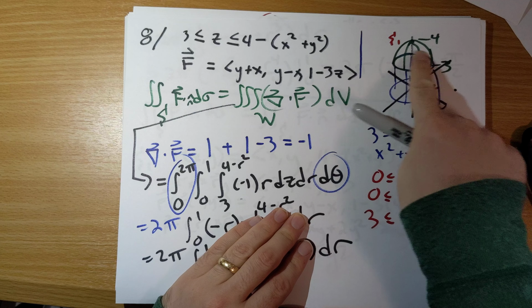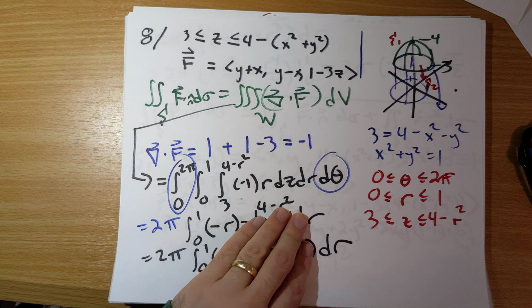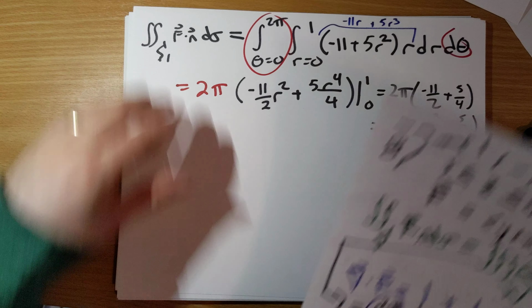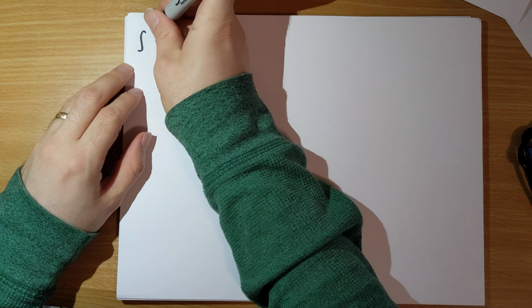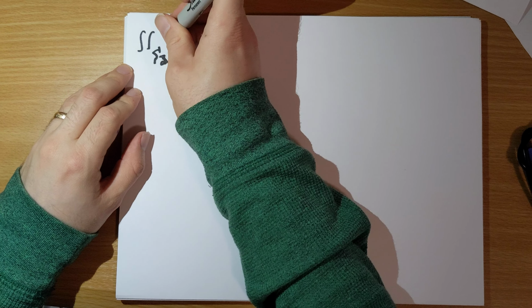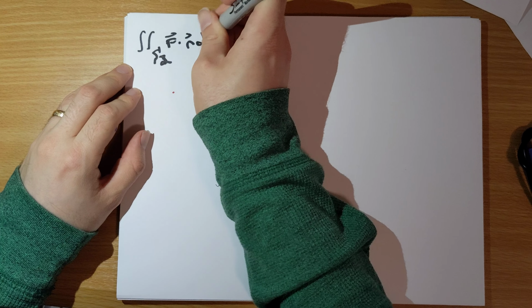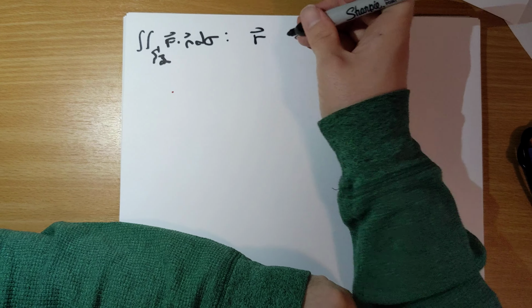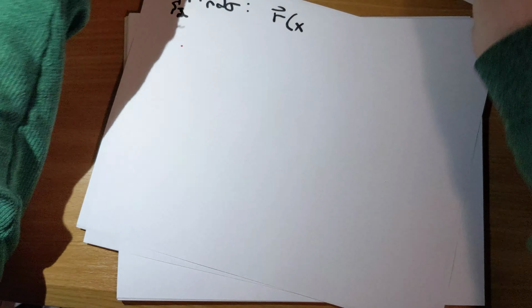So how do we parameterize this, this right here? Well, double integral for S2 of f dot n d sigma. So our parameterization. So realize what's going on here.